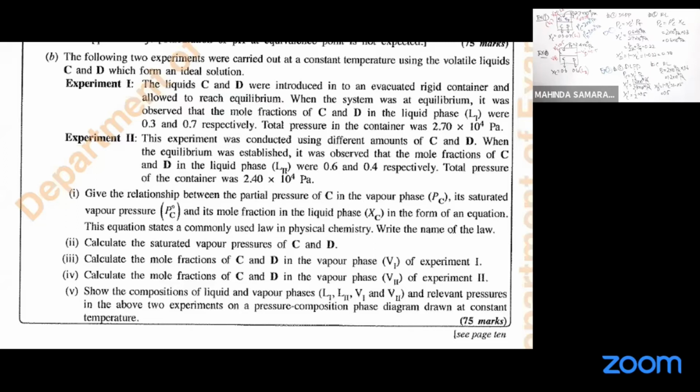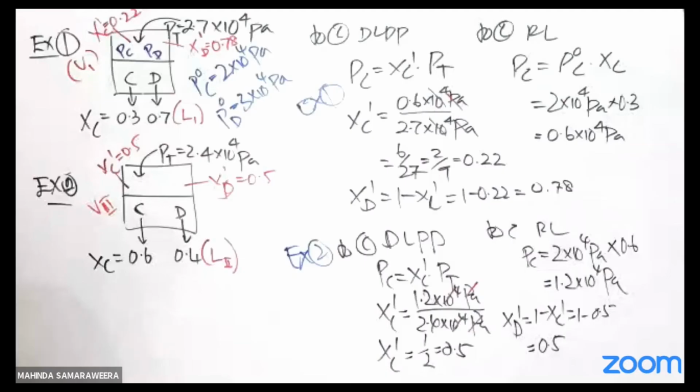I got the answer for the first part, second part, third part, fourth part, then the fifth one. Diagram. Show the composition of liquid and vapor phases, L1, L2, V1, V2, and relevant pressures in the above two experiments on a pressure composition phase diagram drawn at constant temperature. Now we need a pressure composition phase diagram for this.